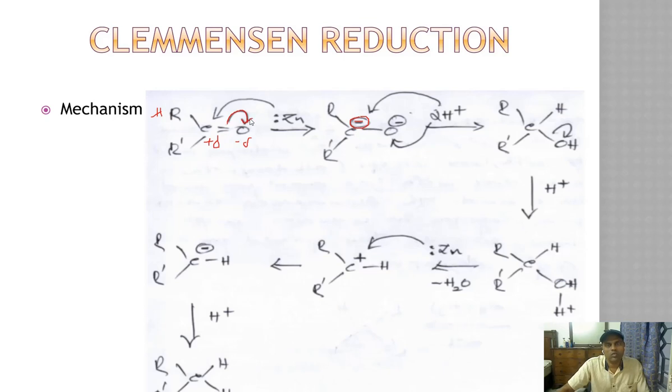Anyway, oxygen wants the electrons, and those electrons are going towards oxygen, and it's going to convert the partially negative oxygen to negative oxygen. So oxygen is going to get negatively charged.